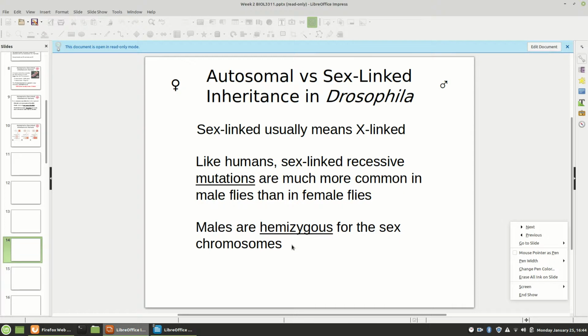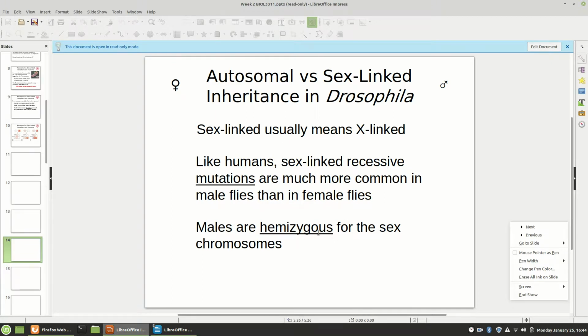If you have two copies of a chromosome, you have an allele on each. So if you have two dominant alleles, you're homozygous dominant. If you have two copies of the recessive allele, you're homozygous recessive. If you have one of each, a big P and a little p, for instance, you're heterozygous.